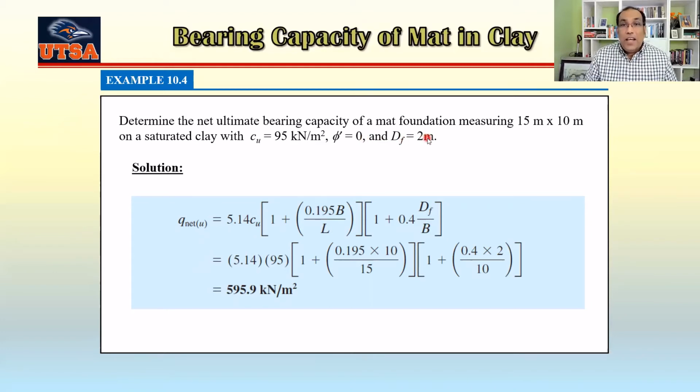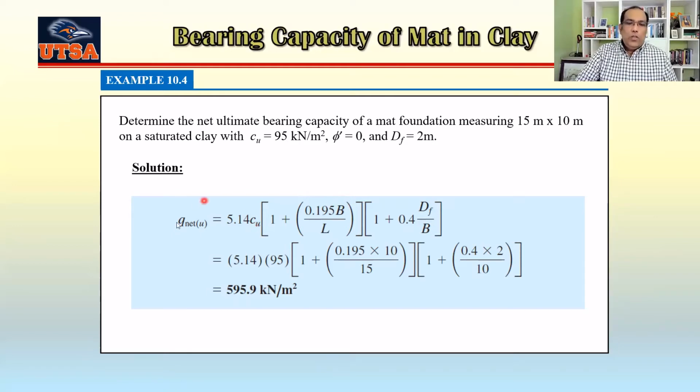Now, as I said earlier, you can use the general bearing capacity equation with phi equal to 0. If you don't want to use that one, then you can also use this one, because this is a simplification of the general bearing capacity equation for saturated clay soil.